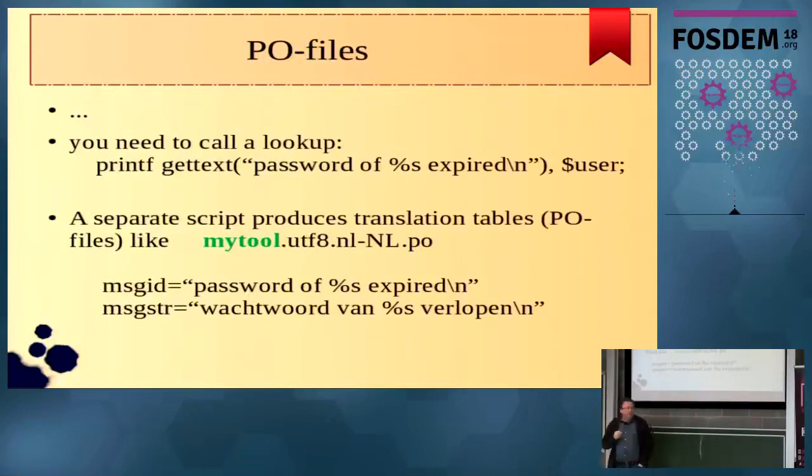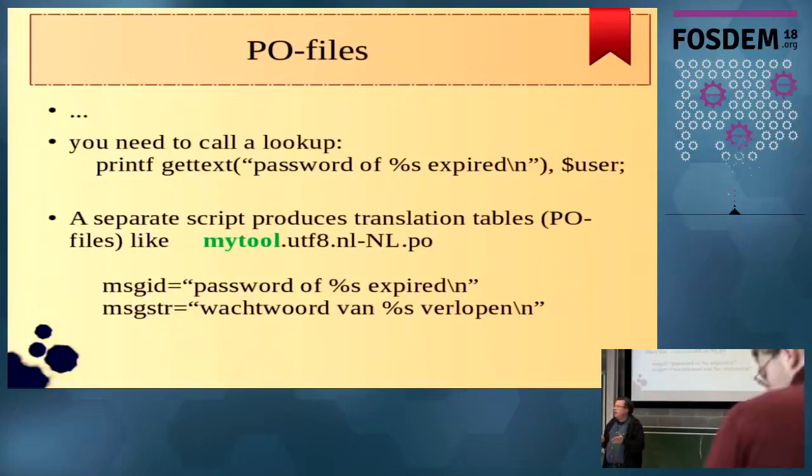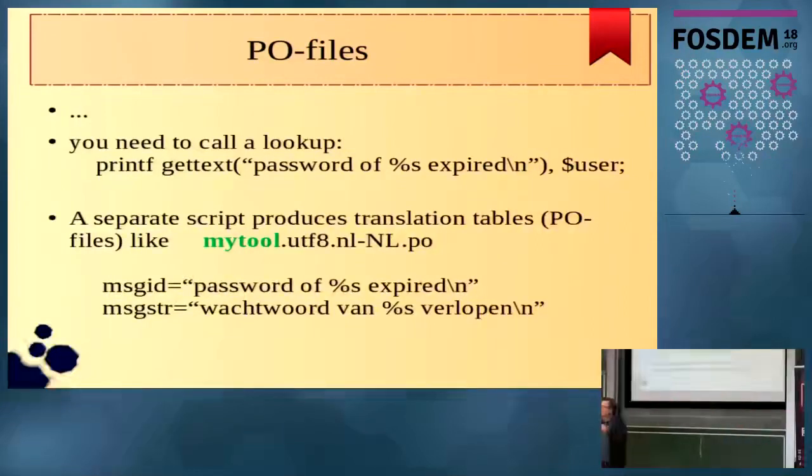So you get this lookup, and with that translation library comes a script. The script collects all the strings from your code and builds PO files which end on .po, and later you can even compile that into binary files called .mo files. You have one per language, and this one is, for instance, in UTF-8 for the Dutch as spoken in the Netherlands.